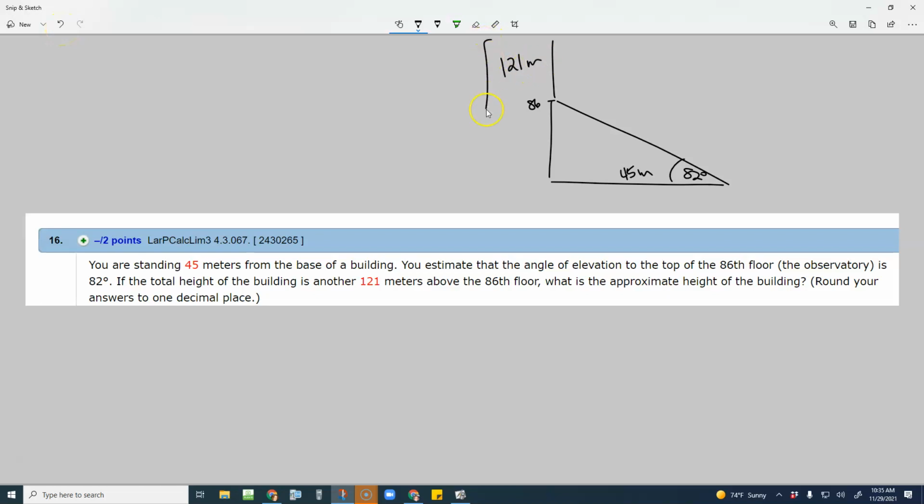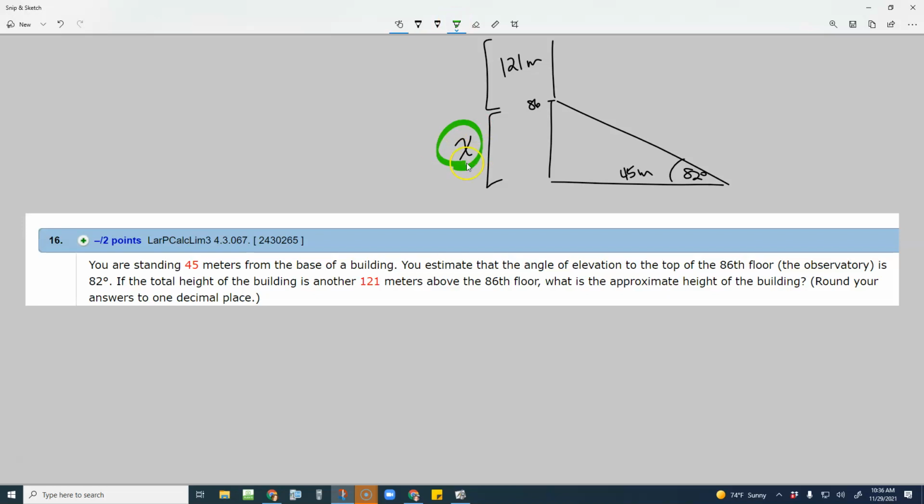But that's only above the 86th floor. What is the approximate height of the building? No, they didn't tell me how tall 86 floors is. But what did they tell you? The total height of the building is another 120 meters above the 86th floor. So there's 121 meters more after the 86th floor.